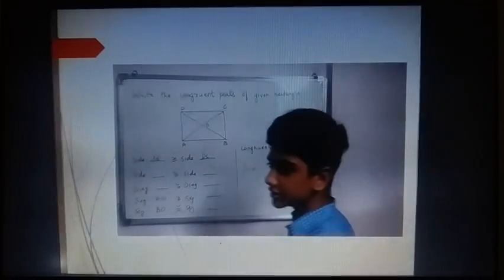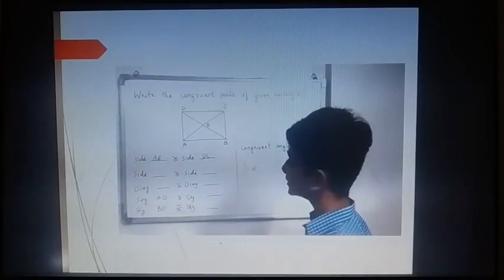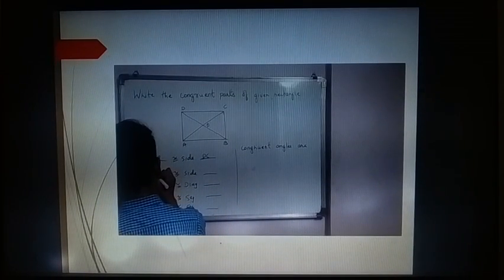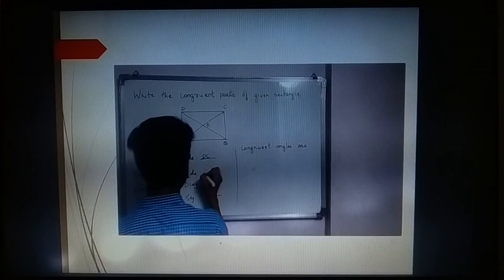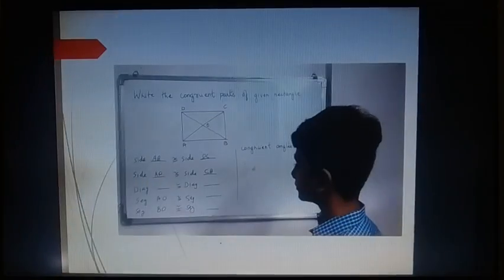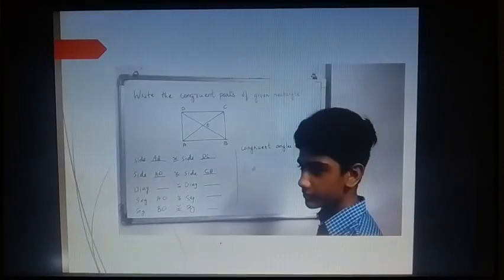AB congruent to DC, it's correct. Continue. AD congruent to BC. Yes, that's also correct.